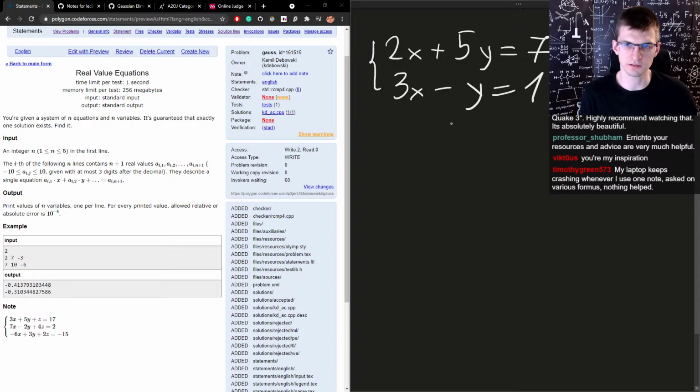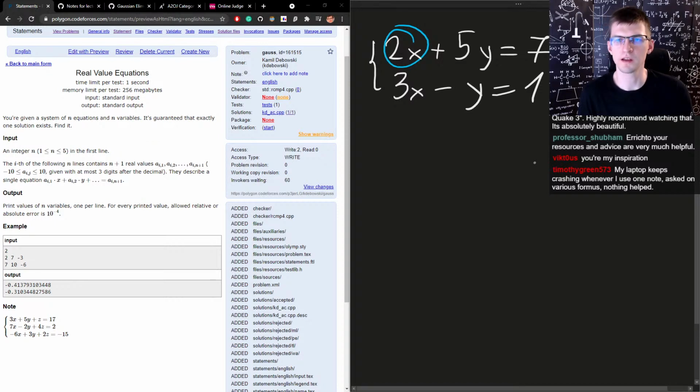Let's try to get this one. Then focus on this, and using it, get rid of this part. So second equation, we say minus equal the first equation times 3 halves. But then it will be complicated with this 5.